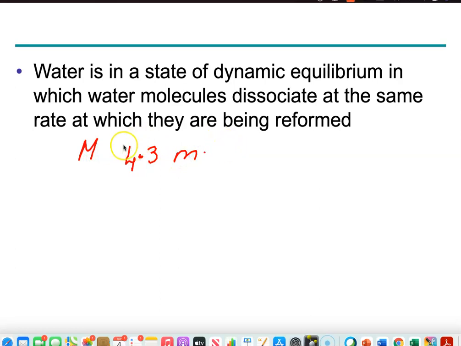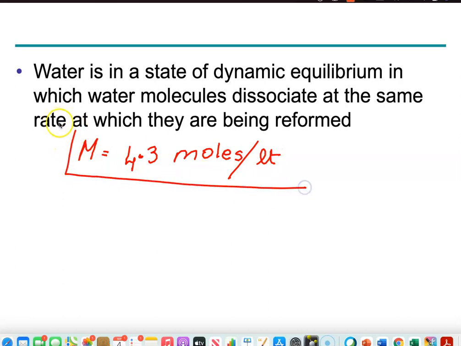The molarity is moles per liter. For your test, you need to know how to calculate the molarity. You'll have a couple of questions on that, so please know how to calculate the molarity.